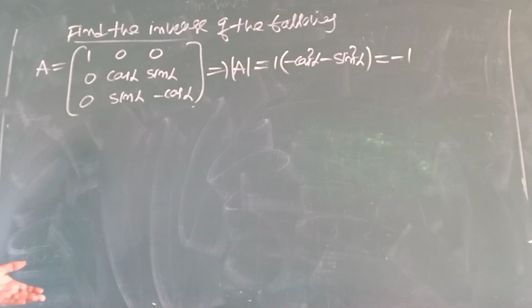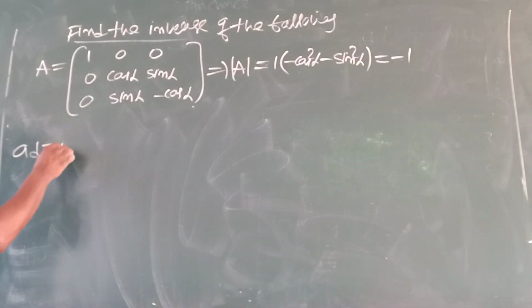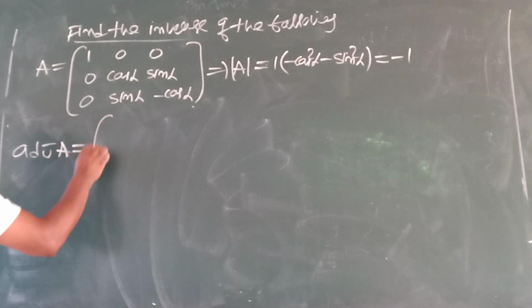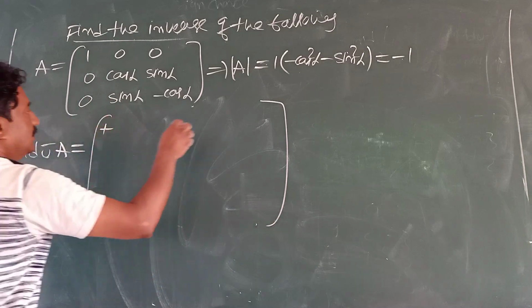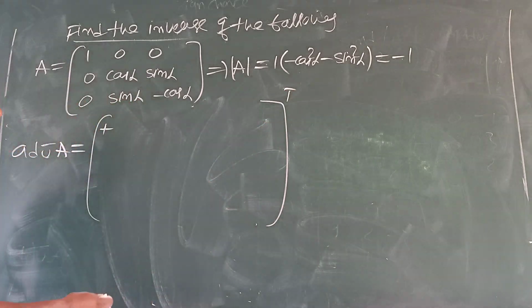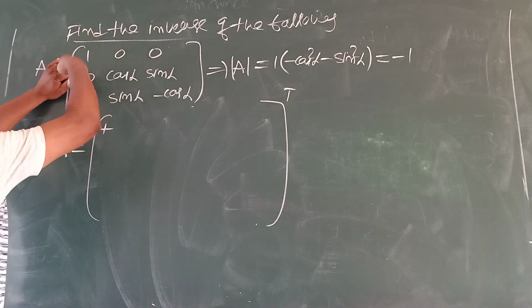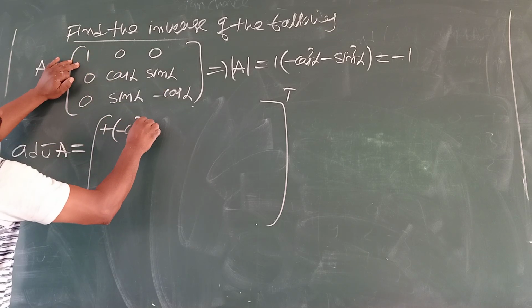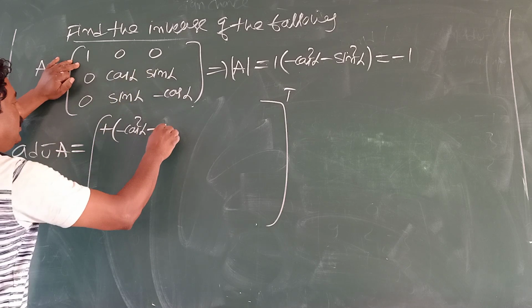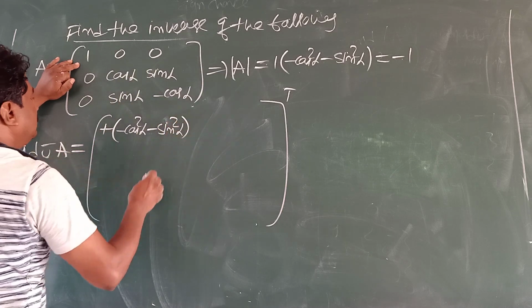Next you go for finding adjoint A, okay? So adjoint A plus transpose plus row column minus cos square alpha minus sin square alpha. First one.